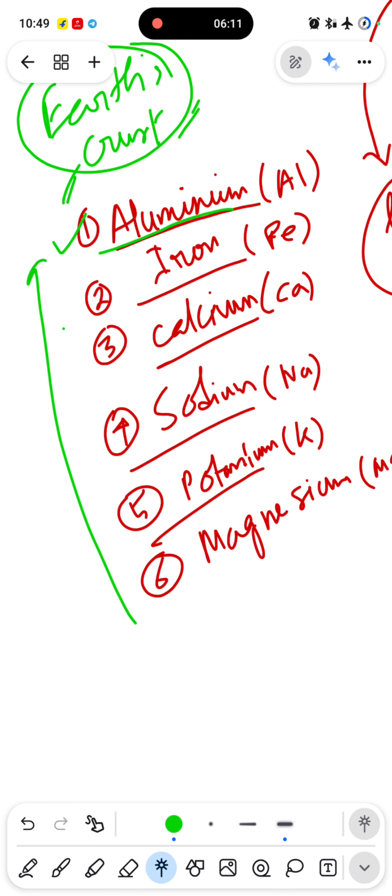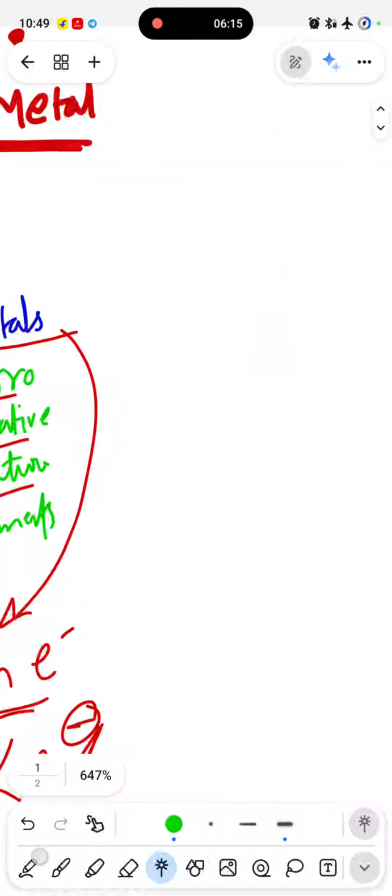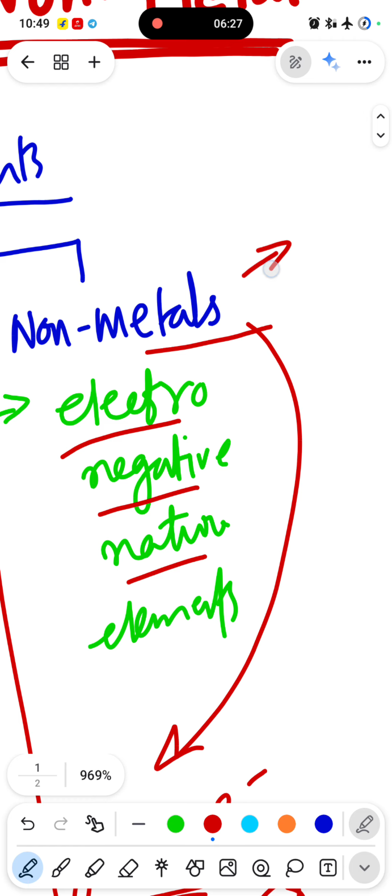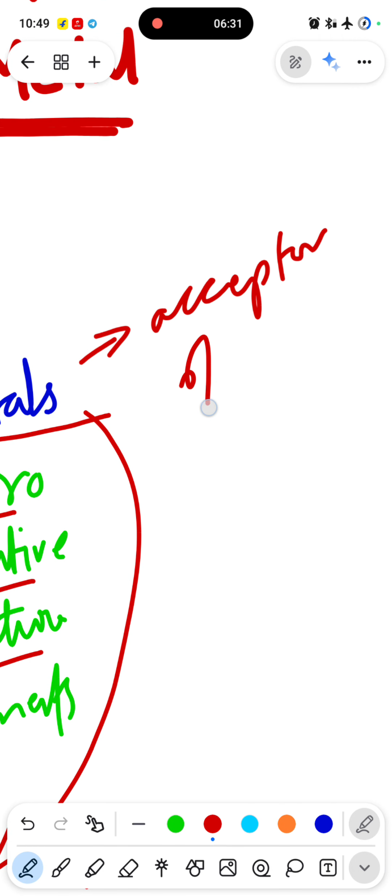And moving to the non-metal side, non-metals are elements which form negative ions by gaining electrons. Basically, they are acceptors of electrons.